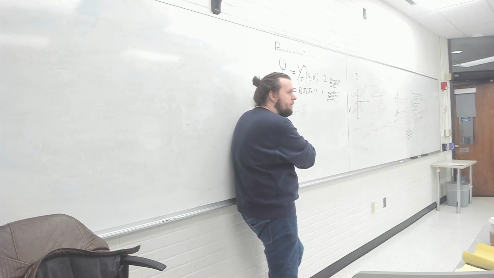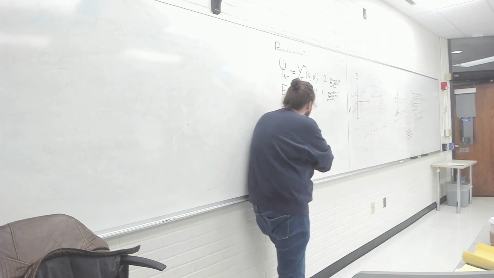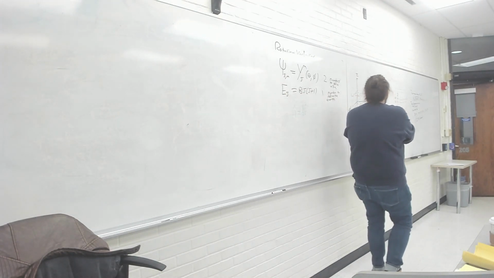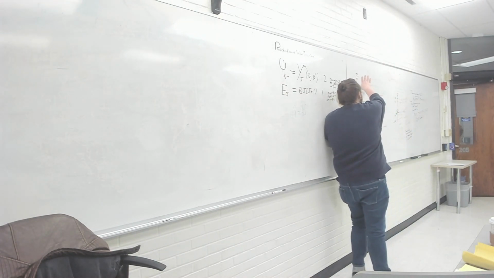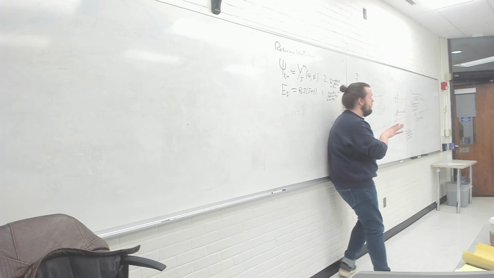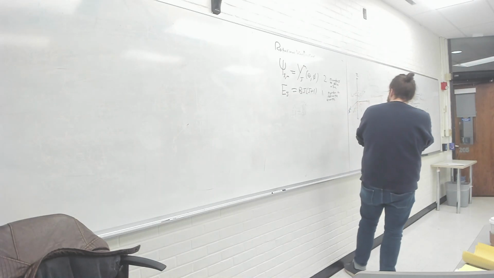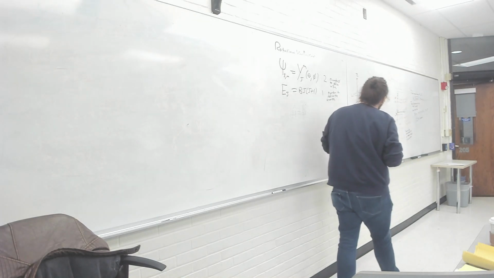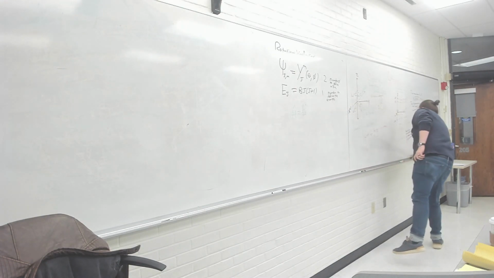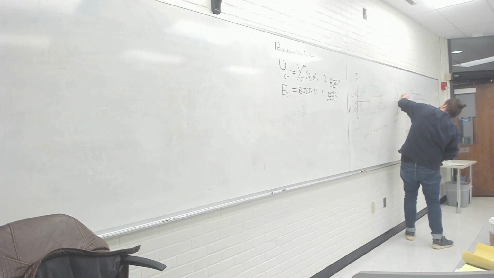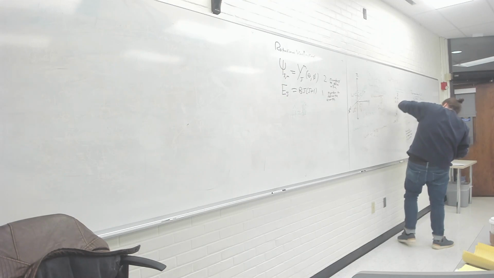Why does it not matter? There's a really easy way to figure this out. Remember, these axes are completely arbitrary. Let me go ahead and redraw this real quick, just as an illustration.